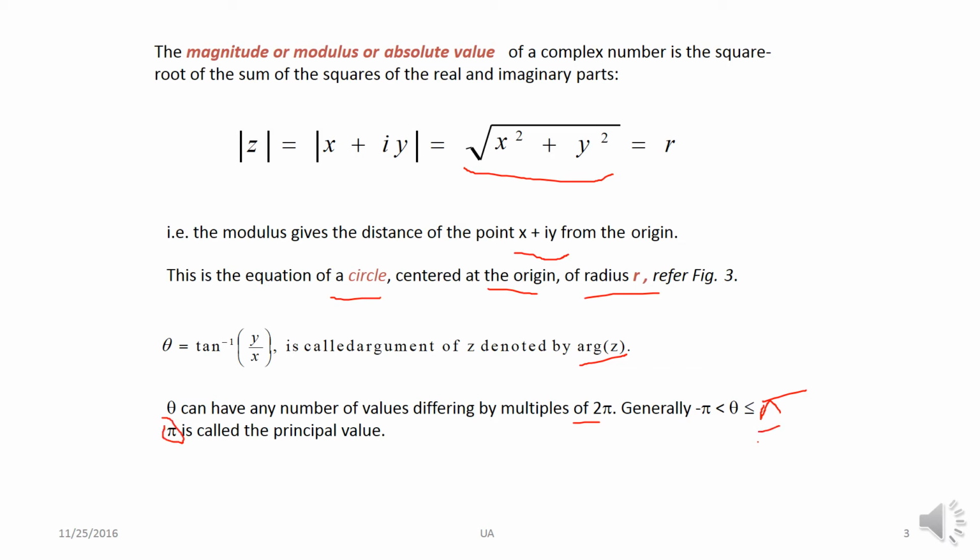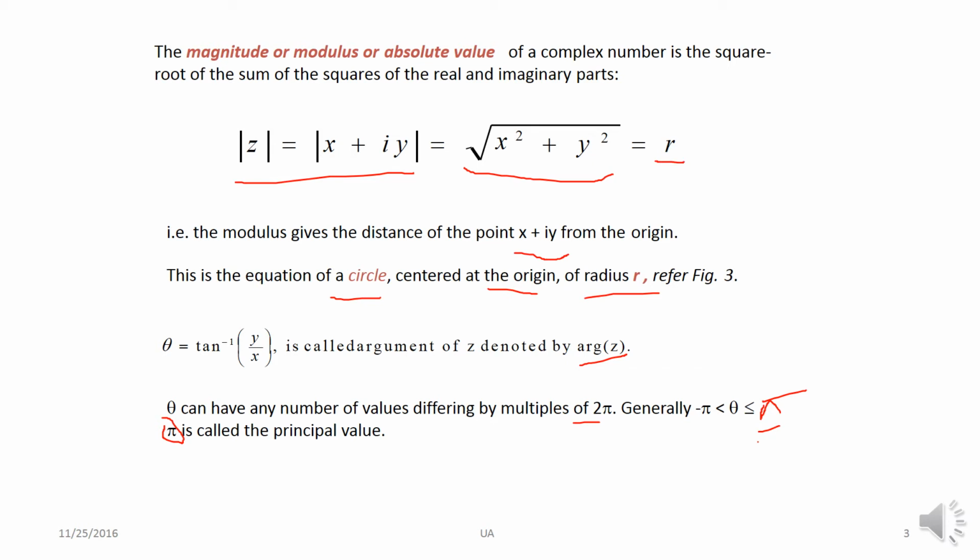So we know now what is modulus and what is the equation of the circle. Mod z equal to mod x plus iy is the equation of the circle, or in this form we can say that x square plus y square is equal to r square is the equation of the circle.